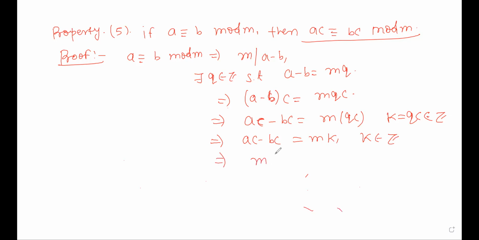Therefore, M divides AC minus BC, and this is equivalent to AC is congruent to BC modulo M. Thus this property is proved.